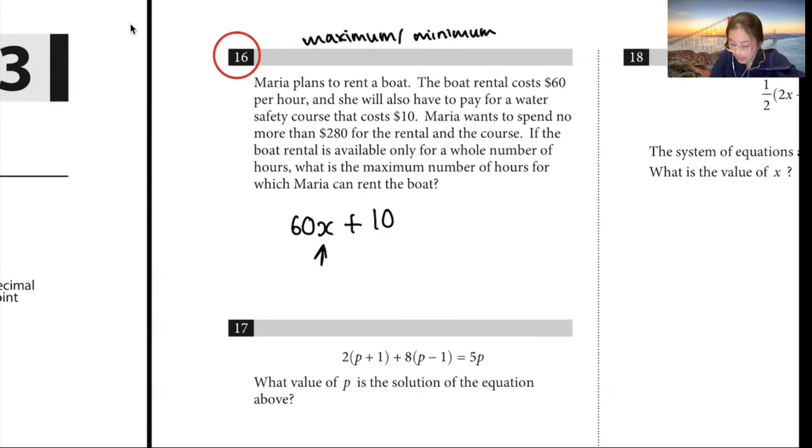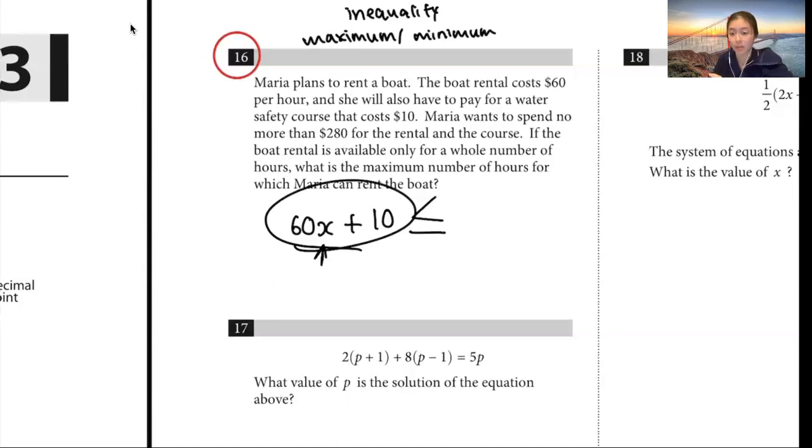So you write that using an inequality. Oh, sorry, it's an inequality question too. So add that in: inequality plus maximum and minimum. You construct it by writing this. Whatever you rent here must be smaller than or equal to 280, right?